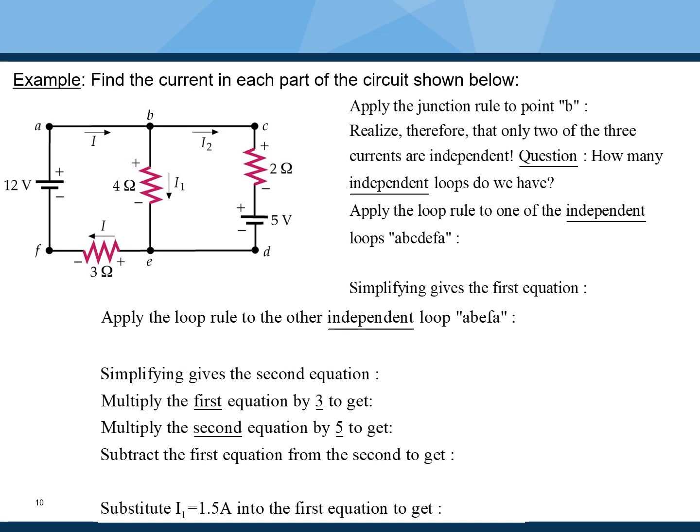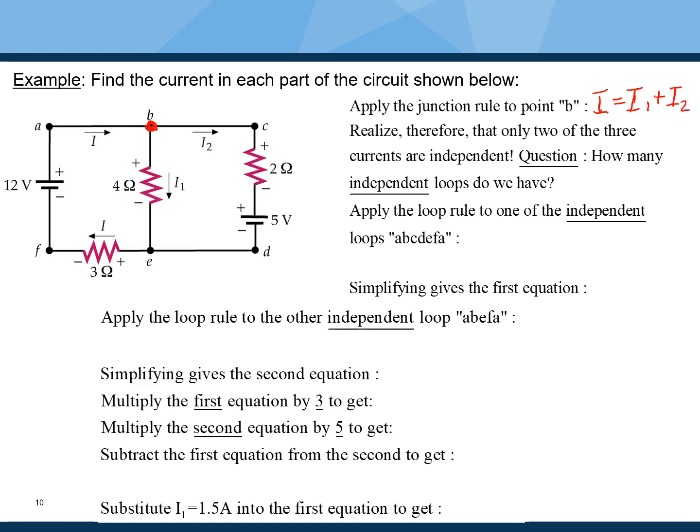And we're going to go ahead and say that let's apply the junction rule at point B. Notice at point B that the current I is coming into the junction. So we're focusing on point B out here. The current I is coming into the junction. So we say that I is equal to the currents I1 plus I2, which are actually going out of the junction. So we have I is equal to I1 plus I2.